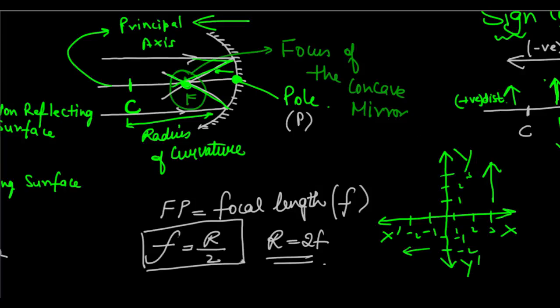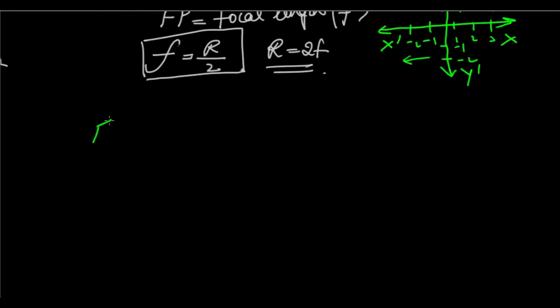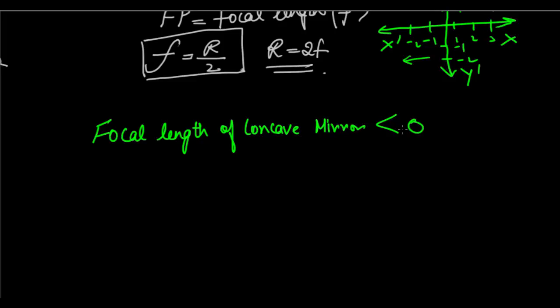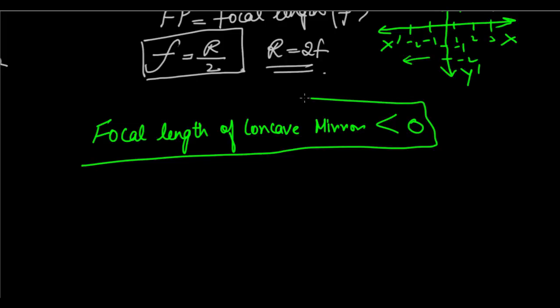So we say that the focal length of a concave mirror is always negative. Very, very important, and this is important because when we are solving problems on mirrors, that's where you will find this helpful.